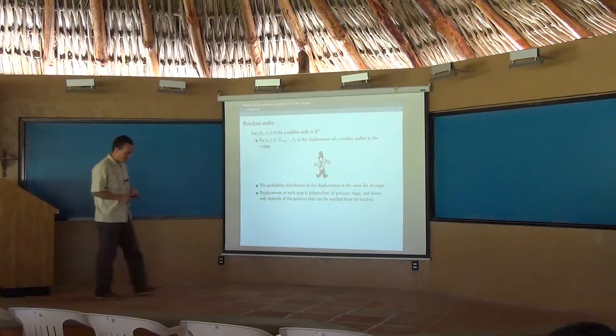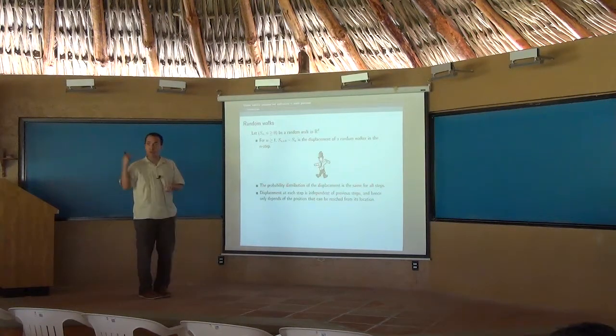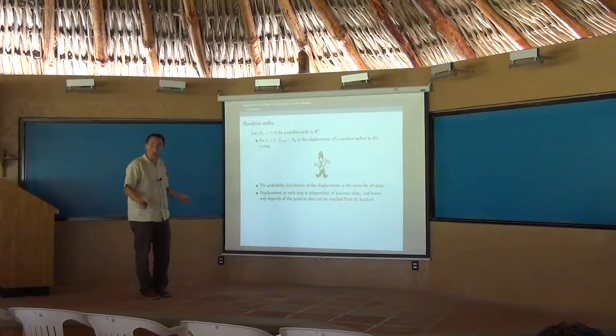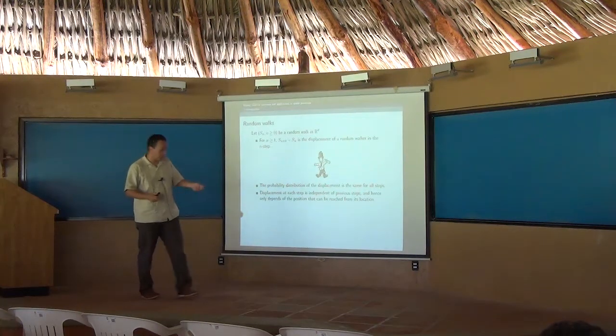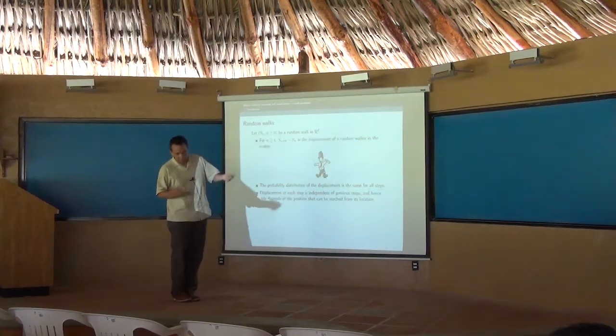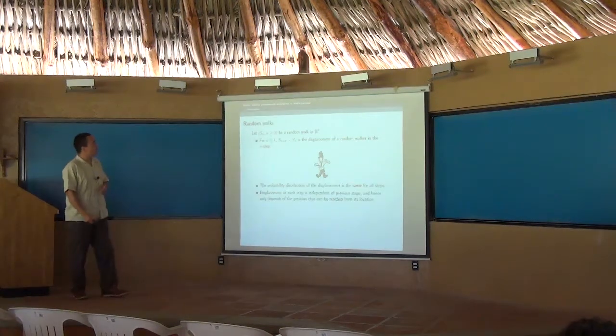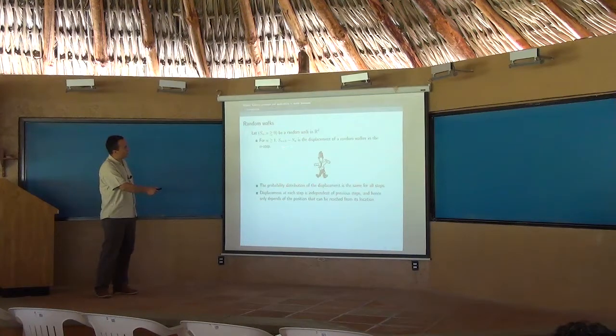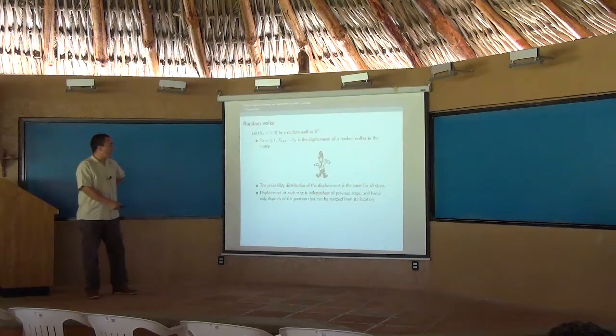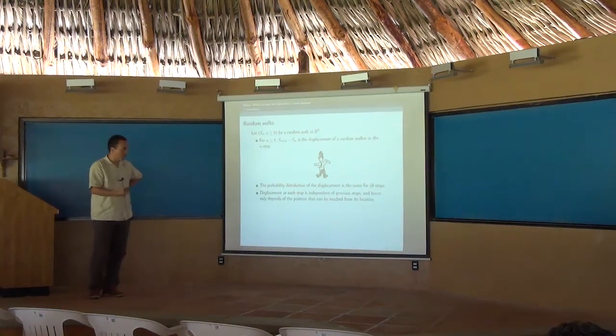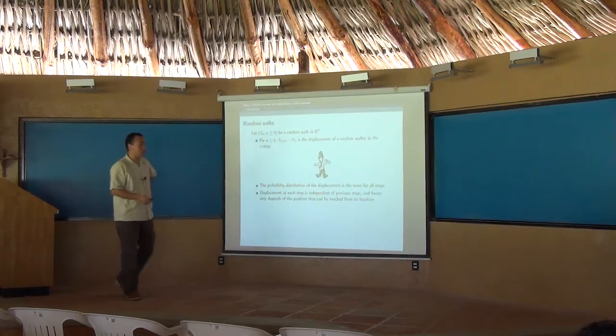Each time he forgets where he's coming from, and he just decides on the position he has available at n plus 1, choosing among the ones he has. So the difference of the position is the displacement of the random walker at the n-th step. And the probability distribution of the displacements is always the same.